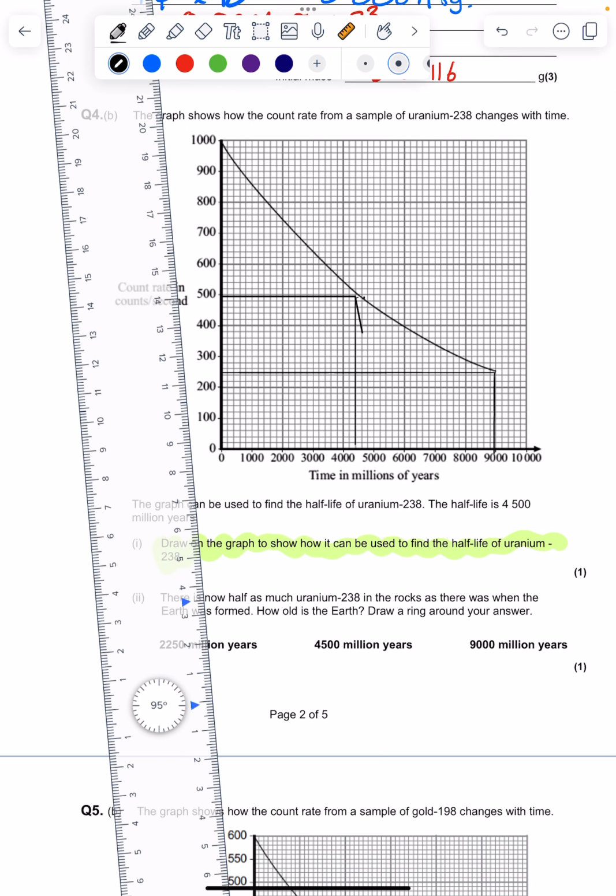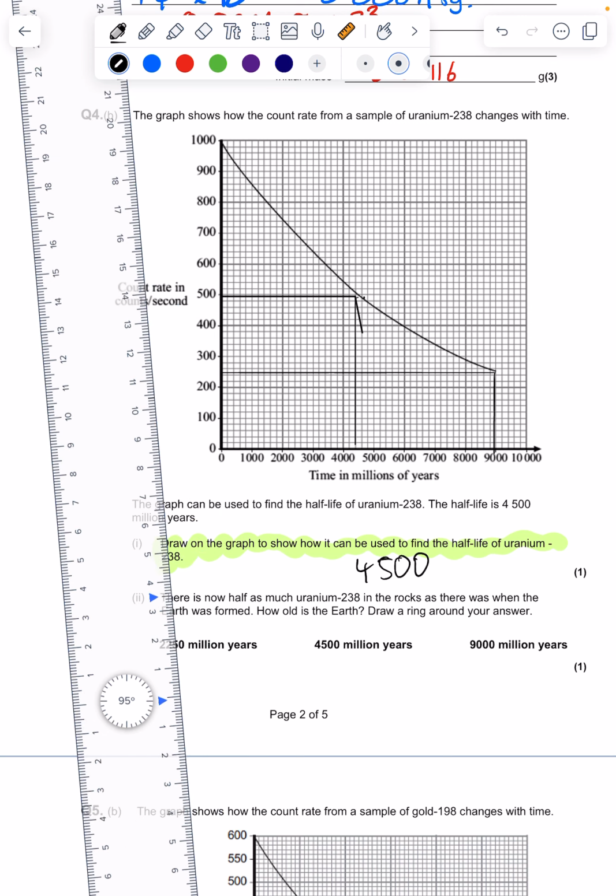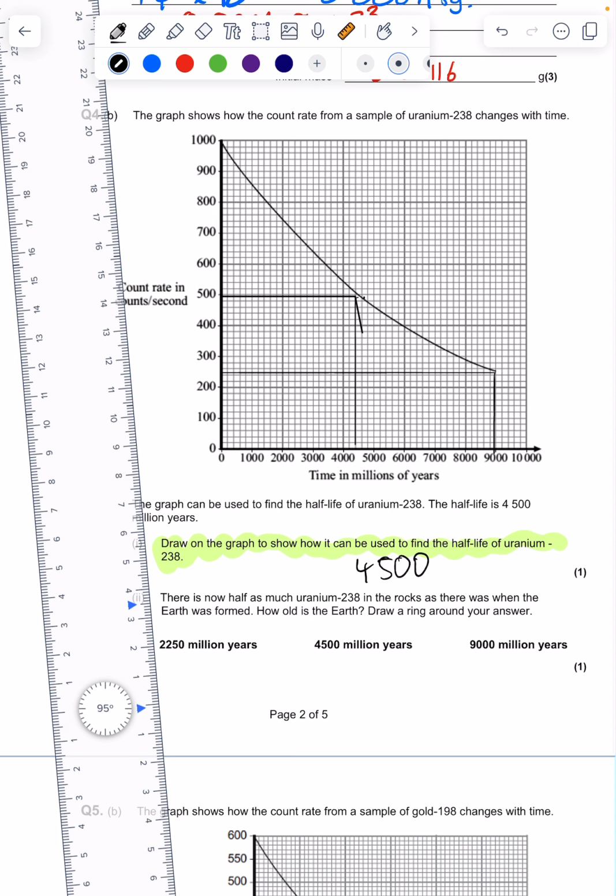So you'll see we've got 2 half-lives ending up at 9,000. That one there is in between, so it must be 4,500. Which means how old is the Earth? 4,500 million years old.